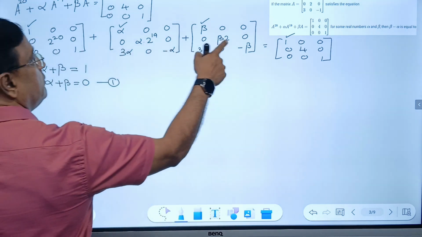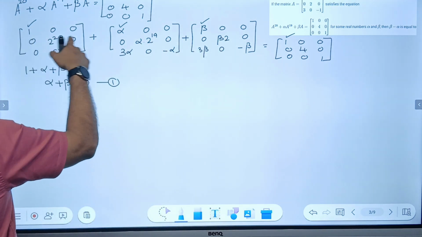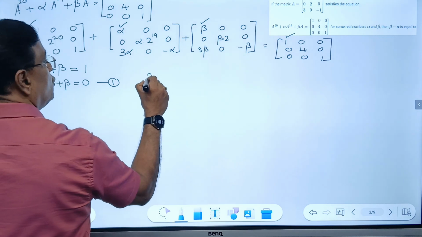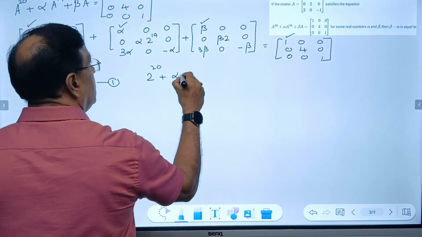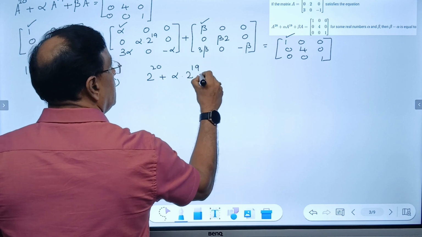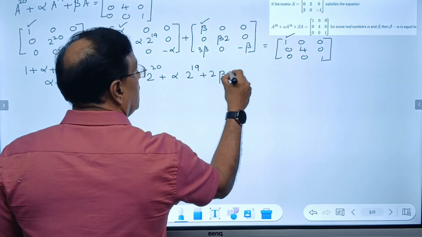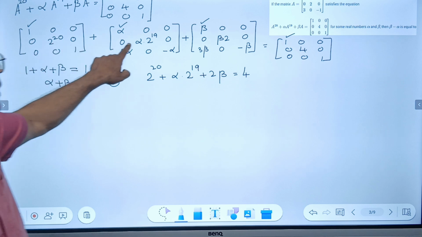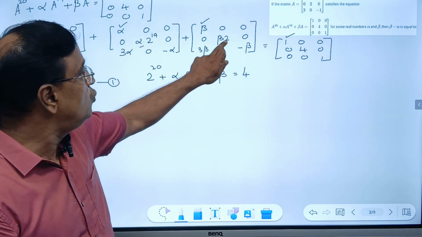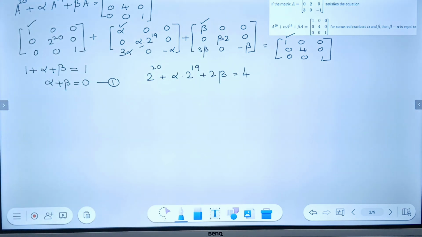There is no use. I will look at the second row, second column. 2 power 20 plus alpha into 2 power 19 plus 2 beta equal to 4.